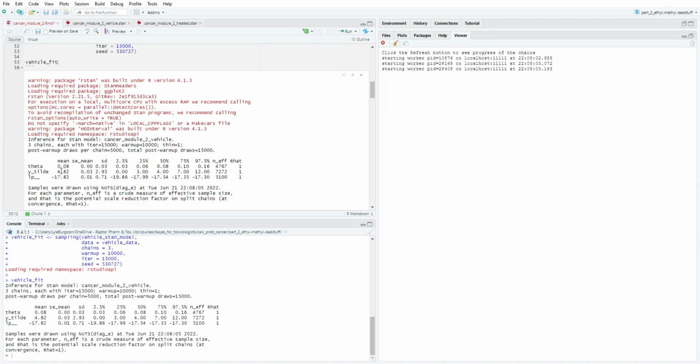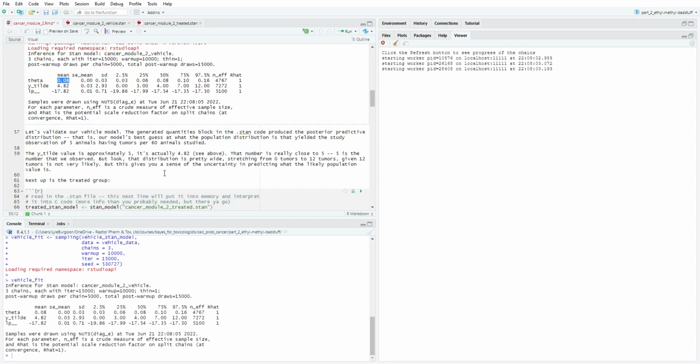So theta comes out to a mean of about 0.08. And if you remember, 5 over 60 is about 0.08, right? So, okay, that's pretty good. And the y tilde is what we're going to use in order to validate the model.